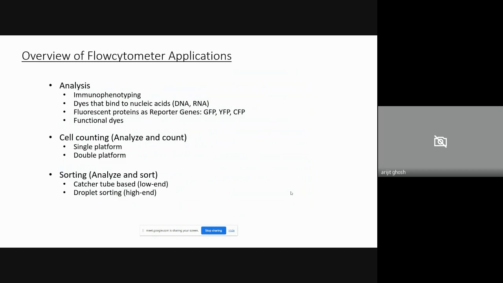Suppose you are doing an experiment with different types of reporter genes, like different fluorescence proteins: GFP, YFP, CFP. Suppose in your experiment there are three types of populations.